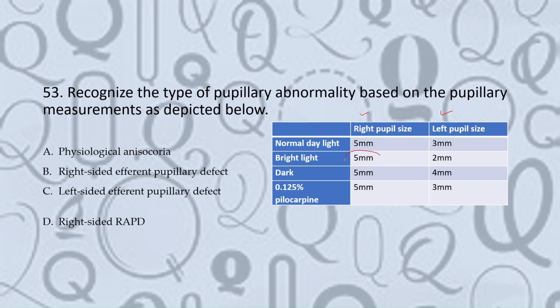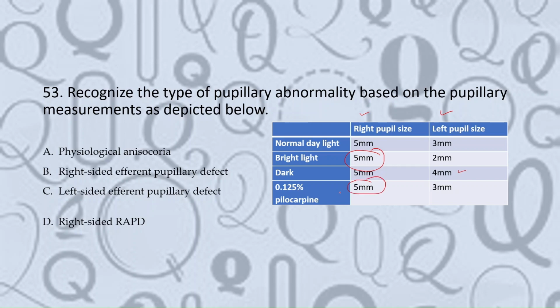As I said, whichever eye has a bigger size in bright light is at fault. So here we know that the right eye is at fault. There is anisocoria, there is a right-sided fault, and in dark light again the left eye is dilating, so left is functioning normally, and when applying 0.125% pilocarpine, there is no effect.